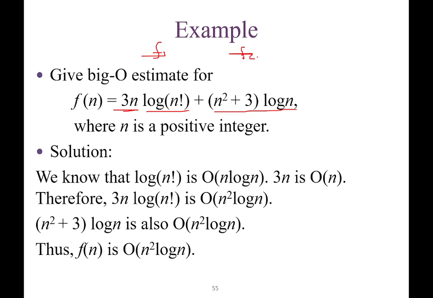When we add them together, we need to determine which one is larger. For f1, it's two functions multiplied together, so you can consider it's f3 times f4, and then we have f5 times f6. For multiplication of two functions, we need to consider g1 times g2, right?